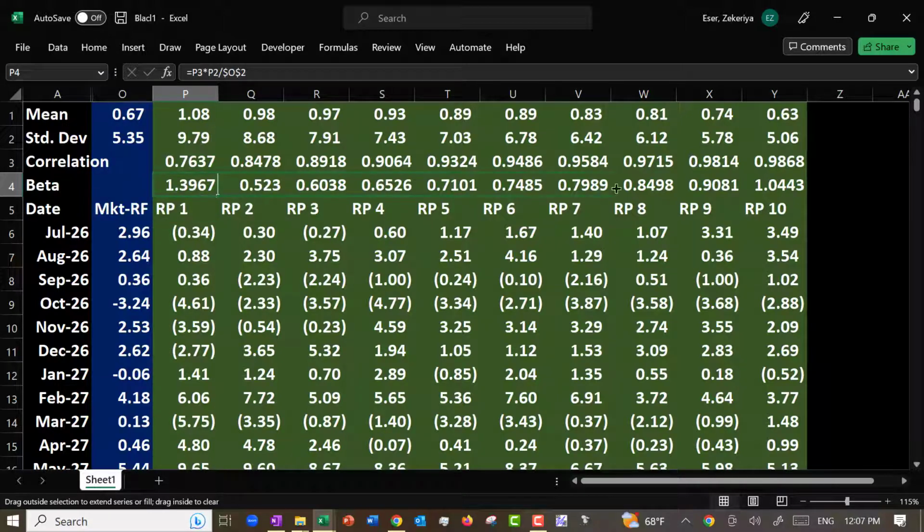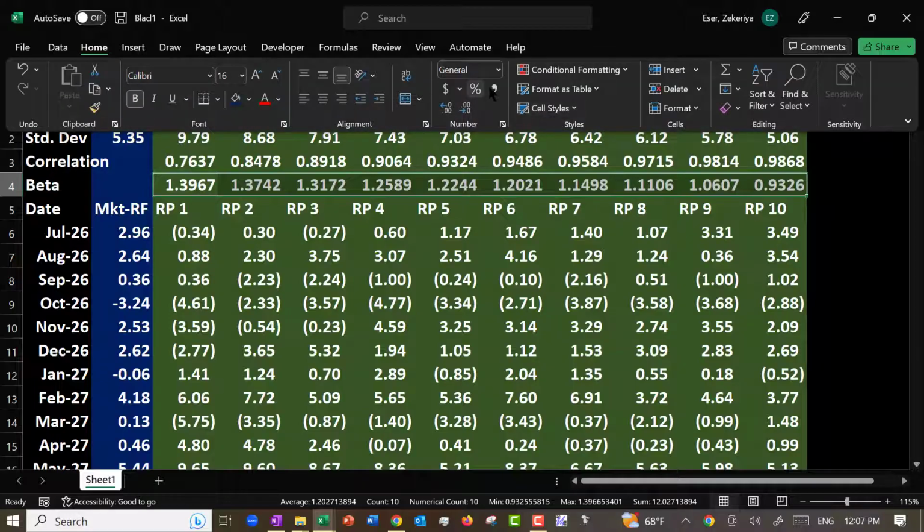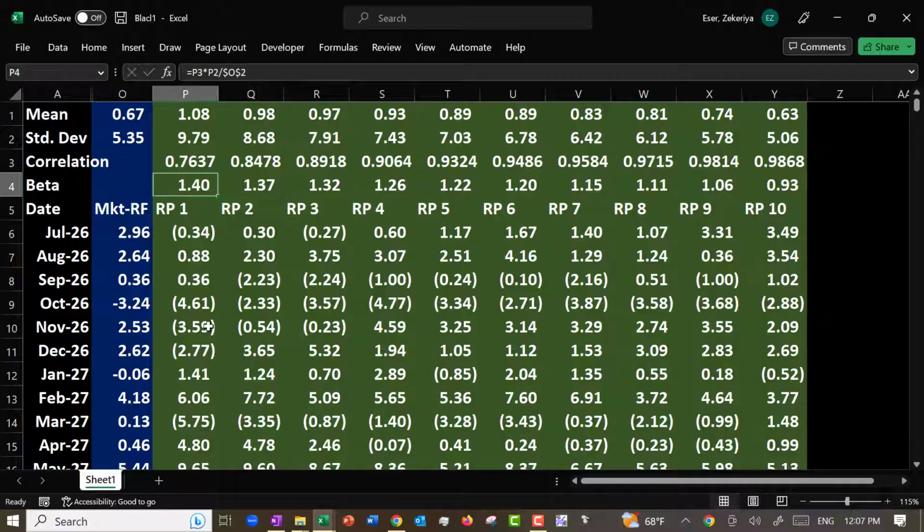Well, at least as a rough approximation, it gets the direction right. The higher the beta, the higher the reward. Okay. So we get that.